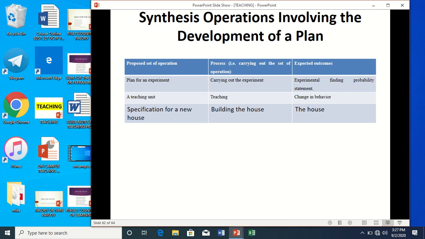The building process is there, and then at the end of it, we have a house. Teaching, a teaching unit. The process is the teaching. What is the expected outcome of teaching? A change of behavior. That is how it should operate.